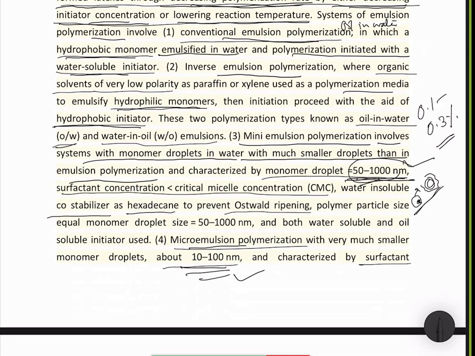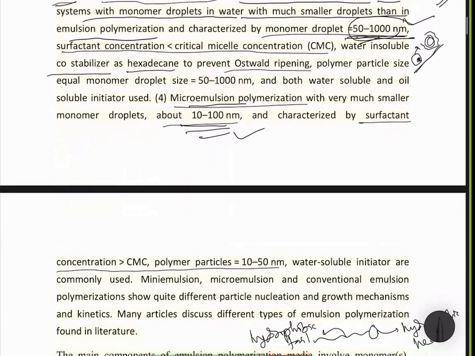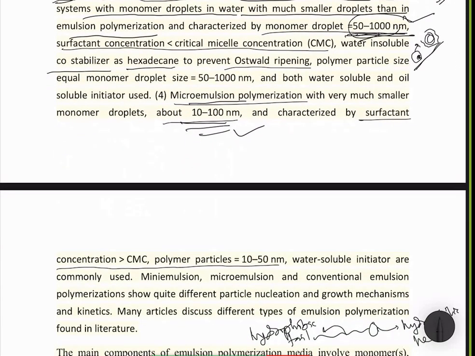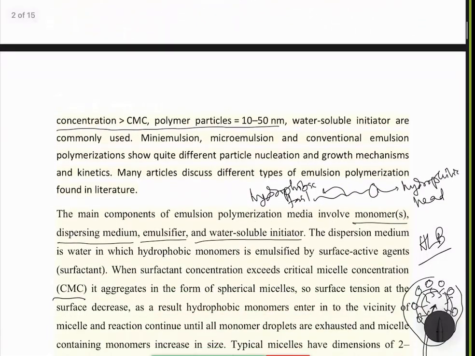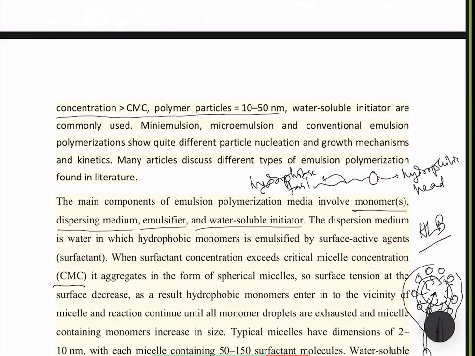So accordingly we have to use much higher surfactant concentration, and there we get even finer dispersion of these monomer droplets within the water medium.